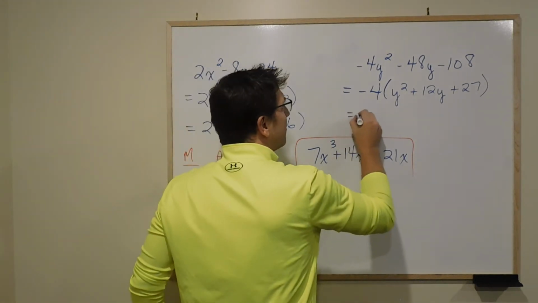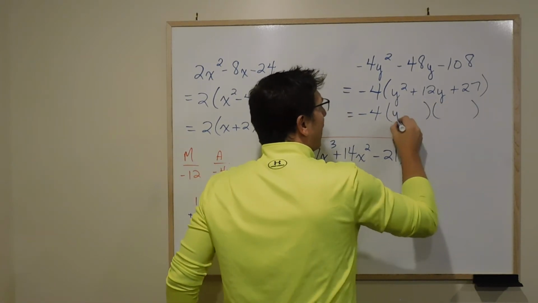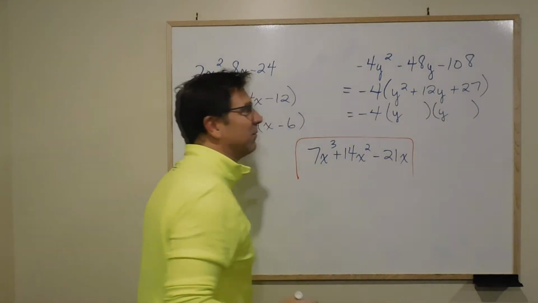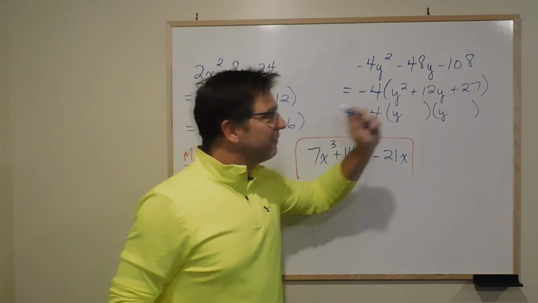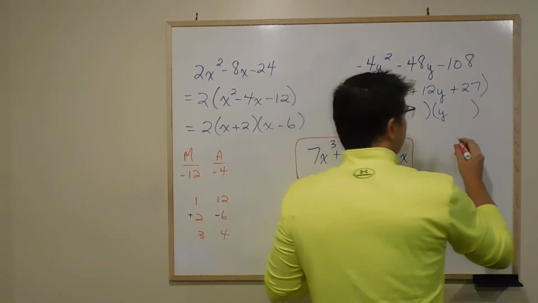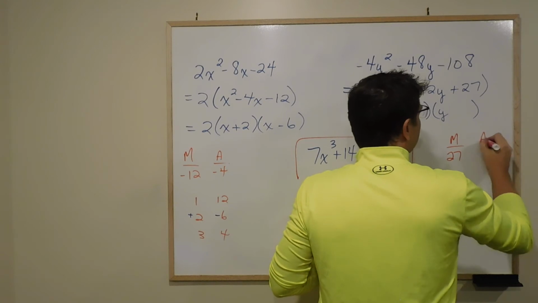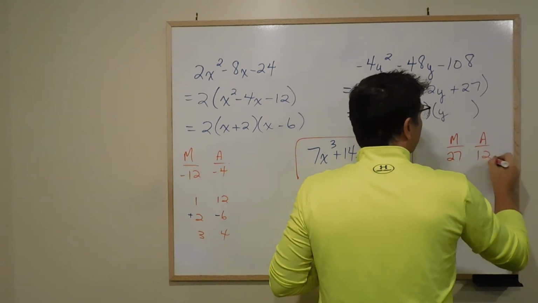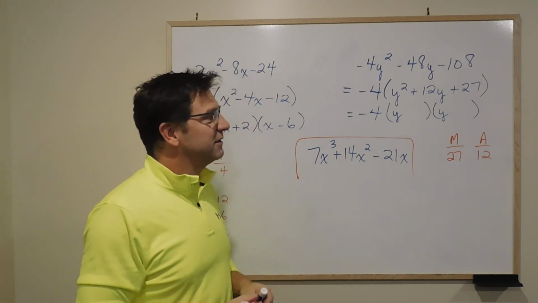And then we're set up. Right? Y here and y here give me y squared. Okay? And now again, it gets very repetitive. I'm looking for two numbers that multiply to 27, add to 12. And because everything's positive, they need to be positive.